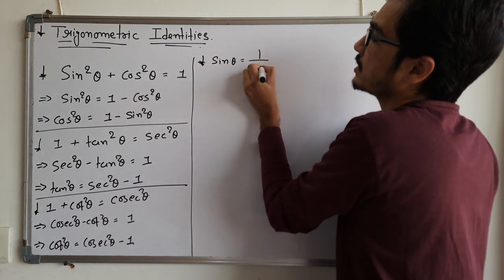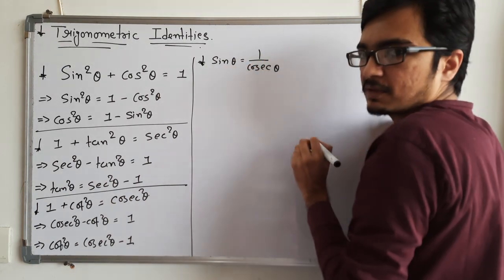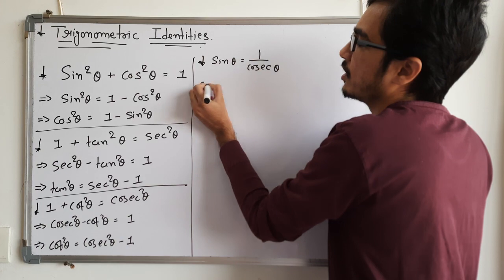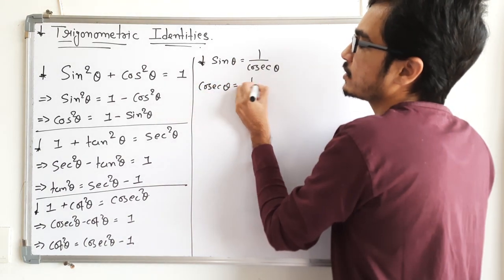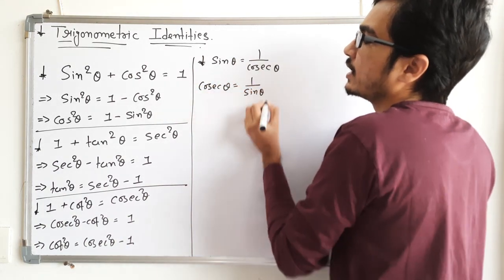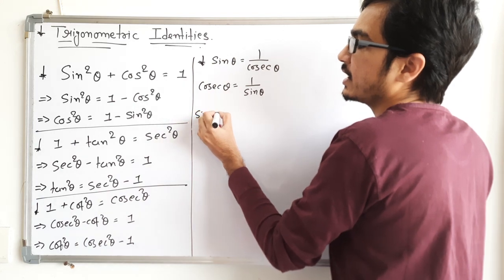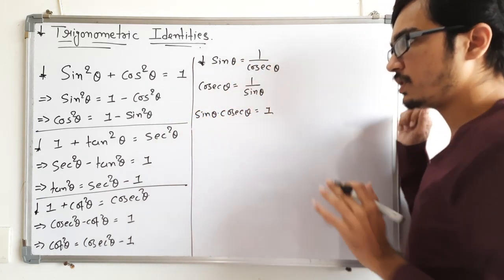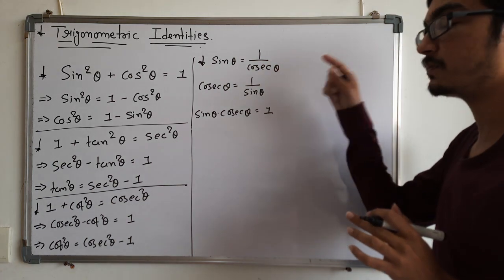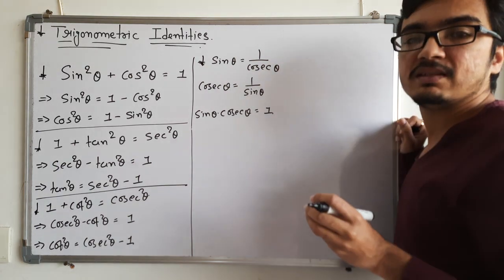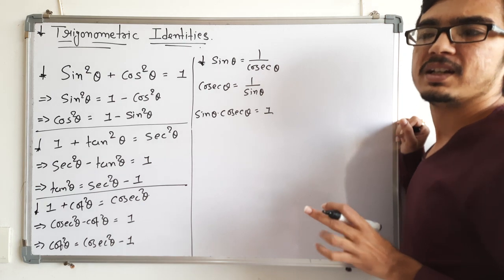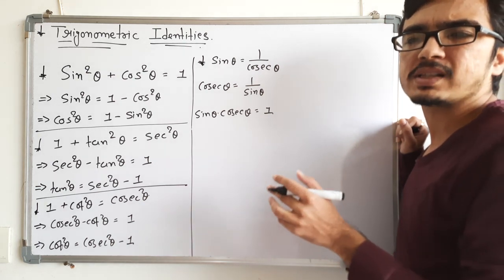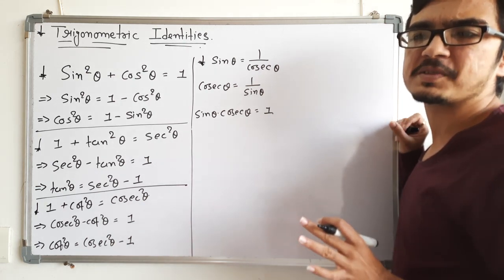Then after, we have studied in, I think, the very first lecture, sine and cosec are reciprocals of each other. So sine theta is equal to 1 upon cosec theta, or else cosec theta is equal to 1 upon sine theta, or else sine theta into cosec theta is equal to 1. We can use any one of these relations in the question. In many questions we will find that we have to convert sec, cosec, tan, cot into the form of sine, cos.